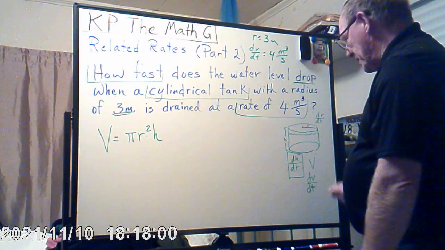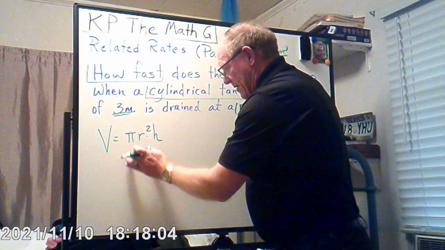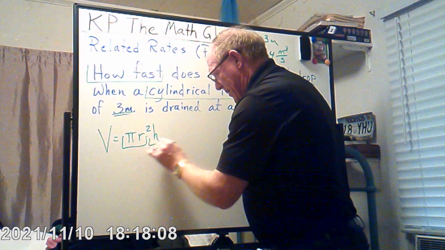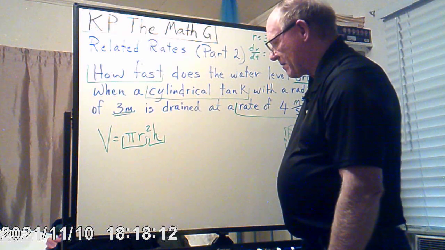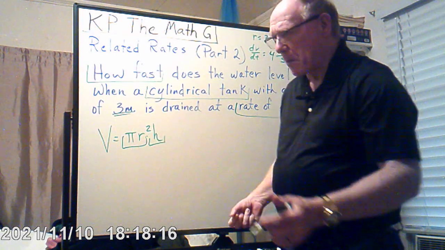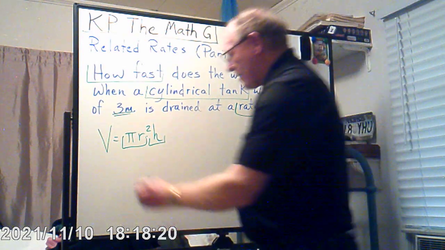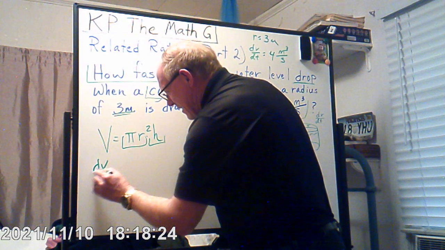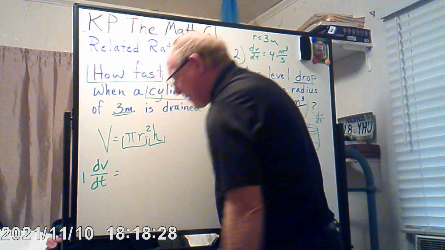Alright, so let's go ahead and take a look at our derivative. This is a product rule. We're taking these two and then this one. Recognize that. We're including pi with r. Pi is a number. So let's go ahead. The derivative of V is dV over dt. If you want to put a 1 there, you can.